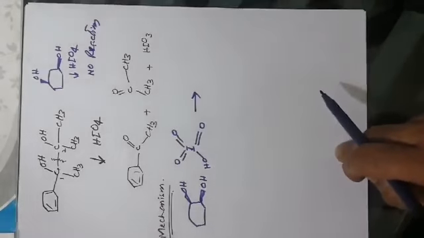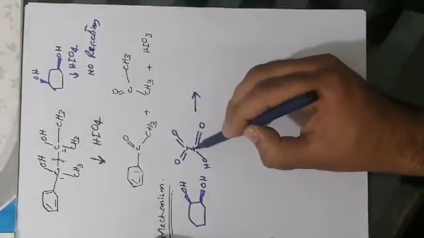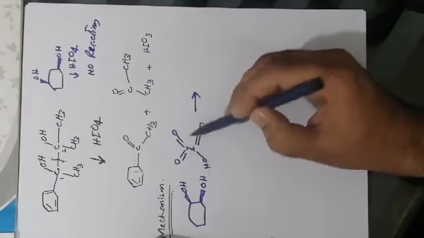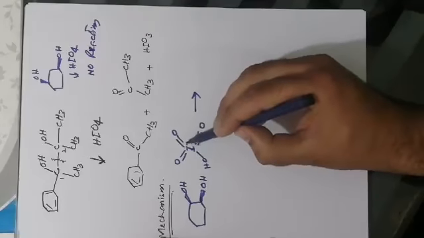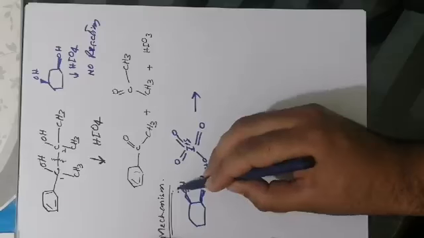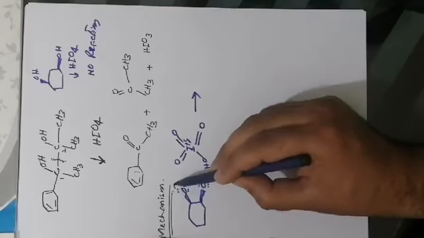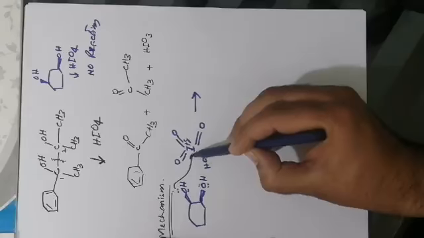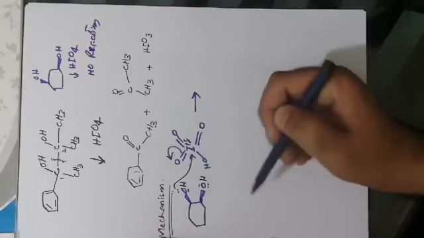Now in the mechanism, what happens? We know that the iodine is attached to 4 highly electronegative elements, making it electron deficient. So what happens is oxygen attacks on this iodine and this bond moves over the oxygen.